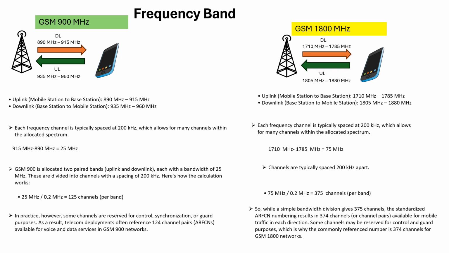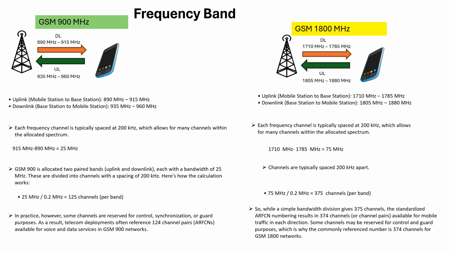However, in practice, the Standardized Absolute Radio Frequency Channel Numbering (ARFCN) system results in 374 channels available for mobile traffic in each direction. This reduction is due to some channels being reserved for control, synchronization, and guard purposes.